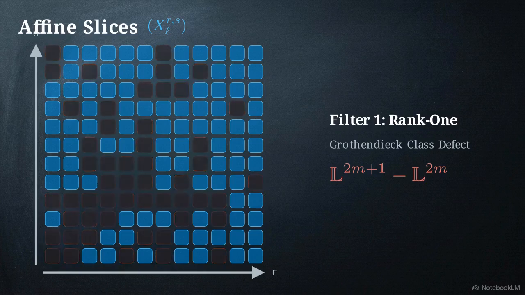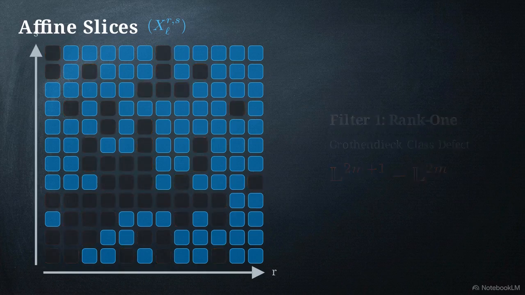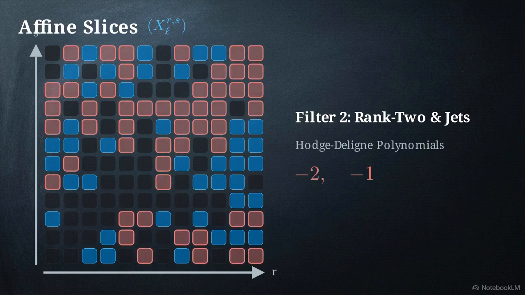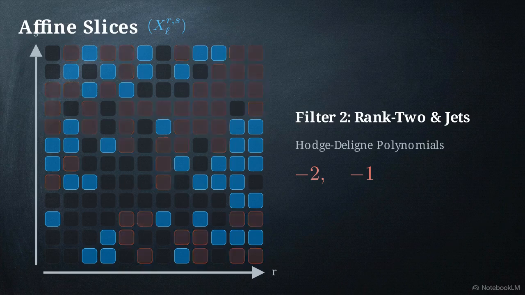Next, the focus moves to the rank 2 secants and first jets. These slices are tested by expanding their Hodge-Deligne polynomials. When we look at the diagnostic positions of these polynomials, we find negative coefficients of exactly -2 and -1. These specific negative Hodge coefficients are incompatible with affine space, definitively eliminating this group for Keller maps.